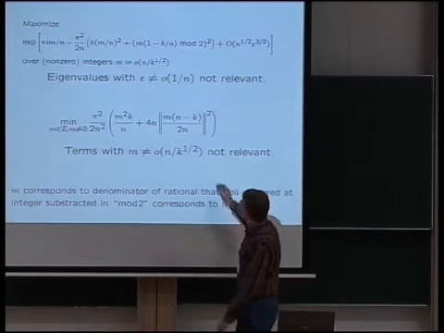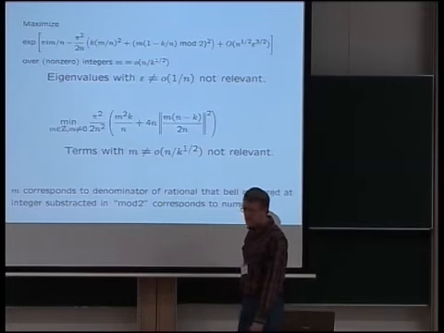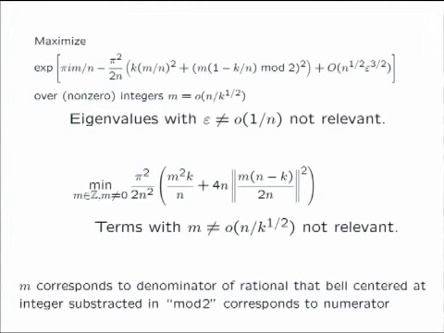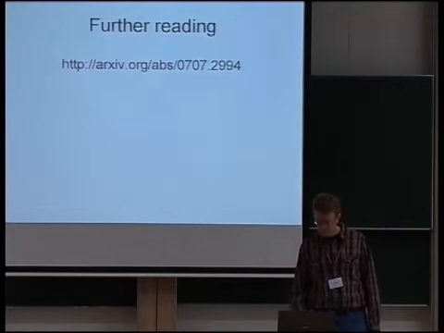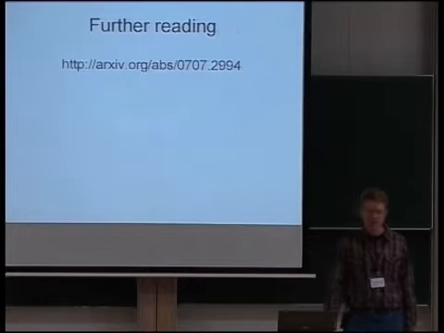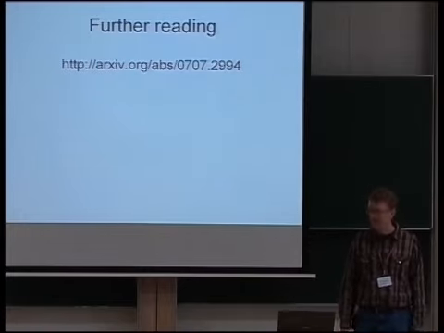And when we take this modulus here, you're subtracting off an integer, and that integer that you subtract off more or less corresponds to the numerator of the rational at which the bell is centered. Okay, so I'll stop here. If you want to read more details, it's on the web.